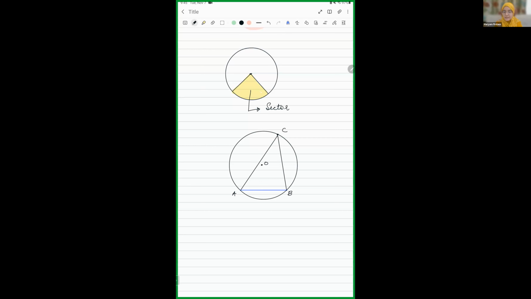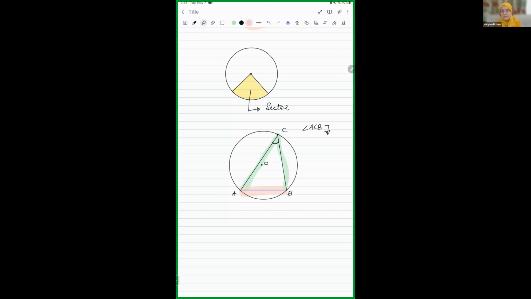Then this angle, angle ACB, is called the angle subtended by chord AB.